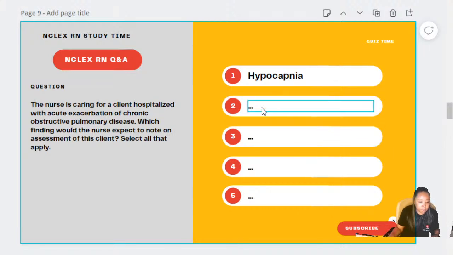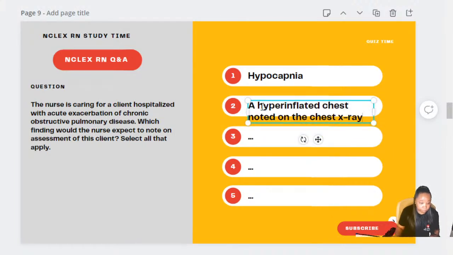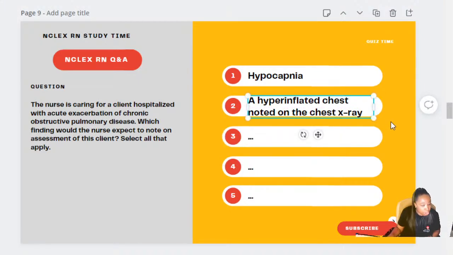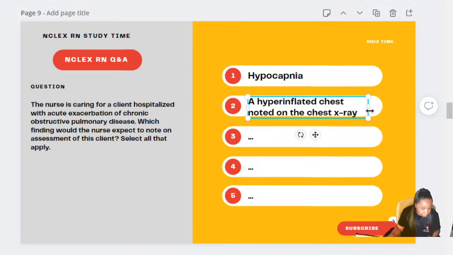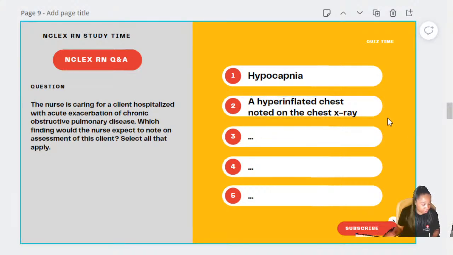So the second one says hyperinflated chest on the chest x-ray. You remember before, I think that was before the previous question, we were talking about the barrel chest, when I talked about the bodybuilder when the chest looked like this.